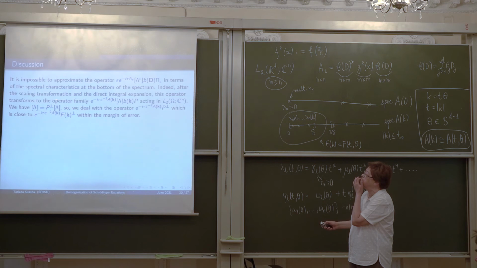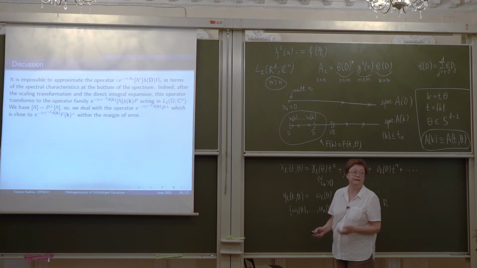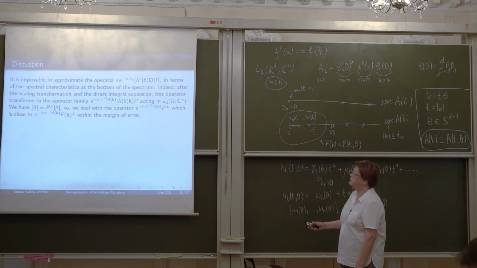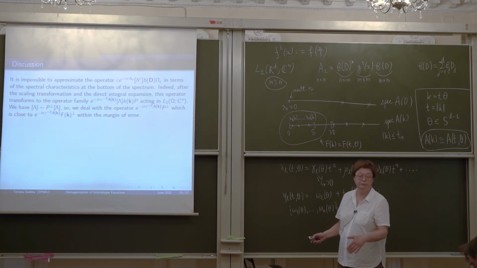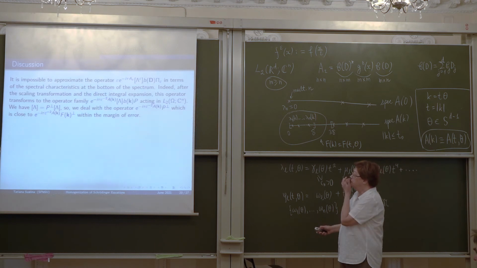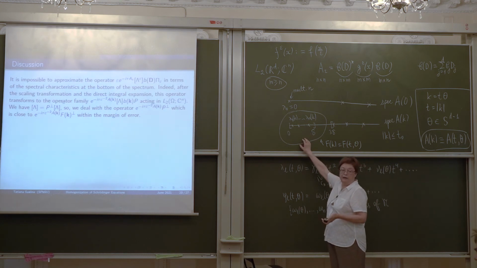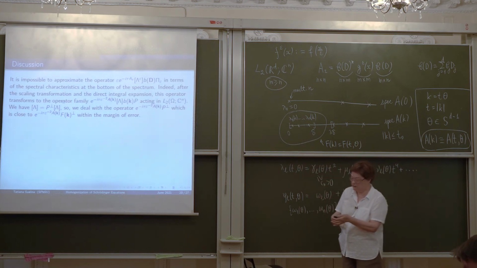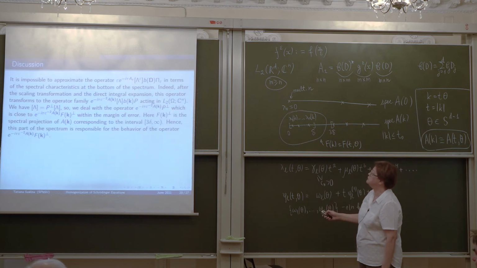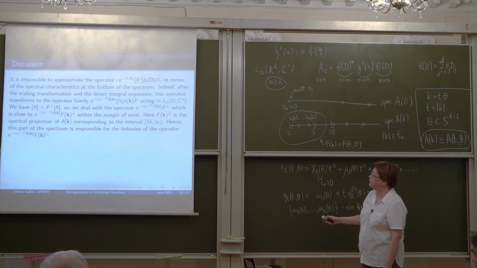And recall that the mean value of lambda is 0, so the operator of multiplication by lambda can be written as P orthogonal lambda. P is projection onto the subspace of constants. And next, recall that the projection f of k on this part of the spectrum is close to P. So if we have the projection P orthogonal, within the margin of error, it can be replaced by f of k orthogonal.